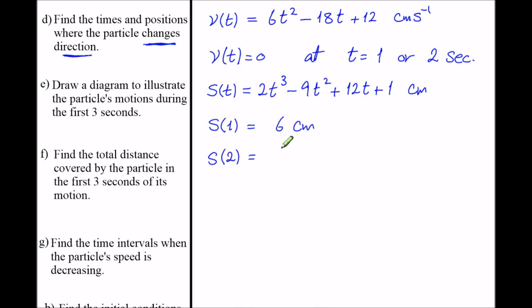And if you substitute 2 into s of t, you should get 5 centimeters. That means the object changes direction after 1 second when it is 6 centimeters to the right of the origin, and after 2 seconds when it is at 5 centimeters to the right of the origin.